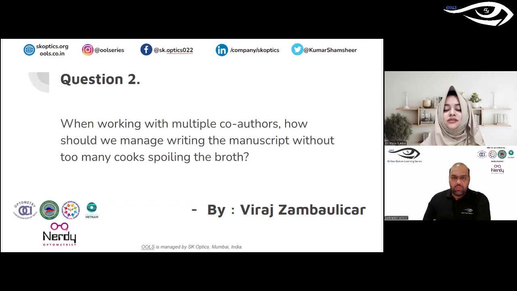But in case multiple authors are writing different sections of a paper, like I'm writing the introduction and somebody else is writing the materials and methods or discussion, we have to ensure good coherence between the information we are putting out, because finally when we club all the information together, especially the introduction and the discussion sections should have a very logical coherence of information.